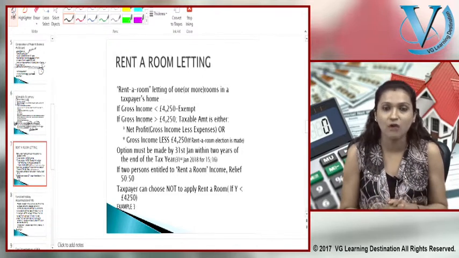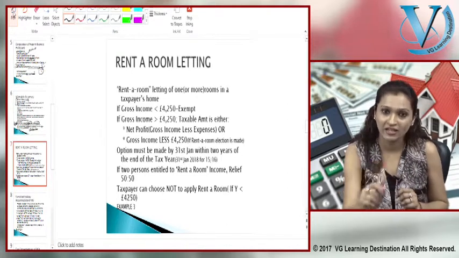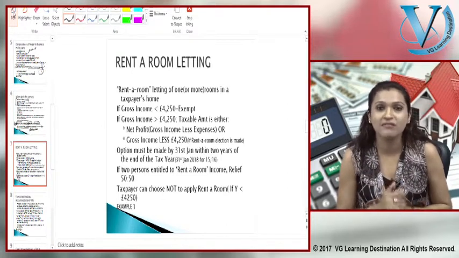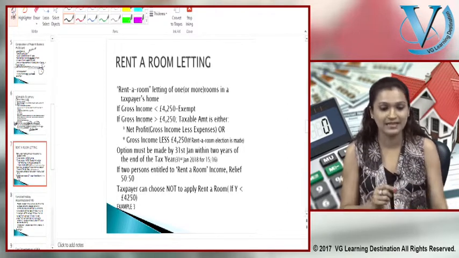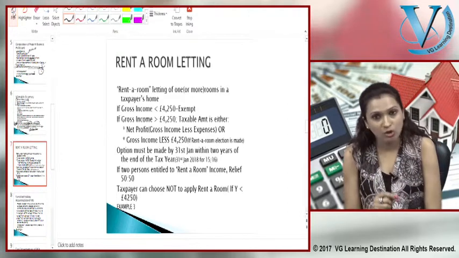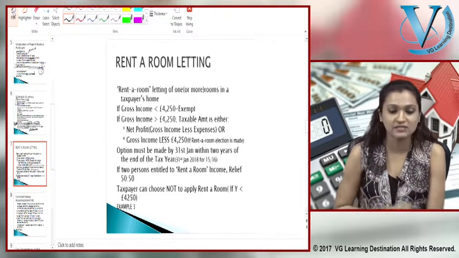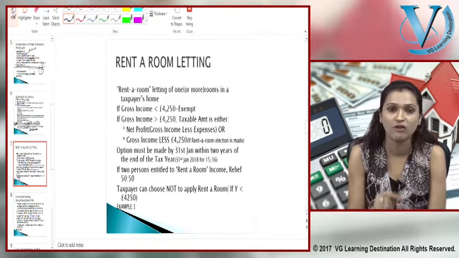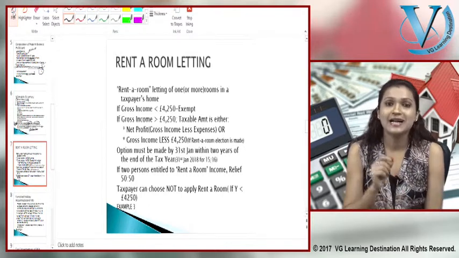So now when you give out one room in your principal private residence as a rent a room option, whatever rent you've earned out for it is basically either going to be an exempt income if it is below the threshold level of 4,250 pounds. If it is more than the threshold level of 4,250 pounds, the excess basically gets taxed.